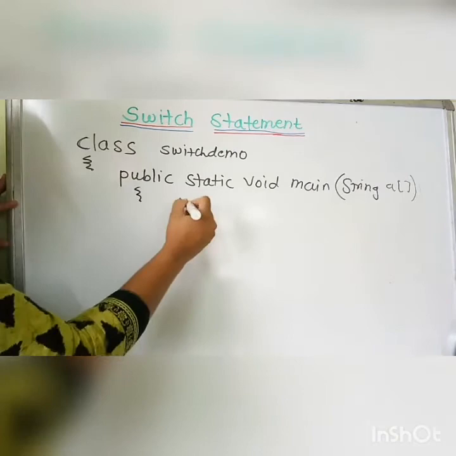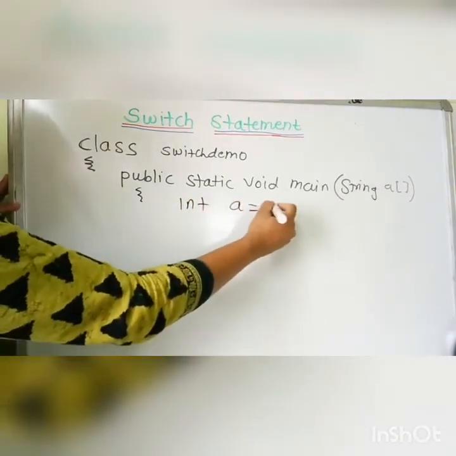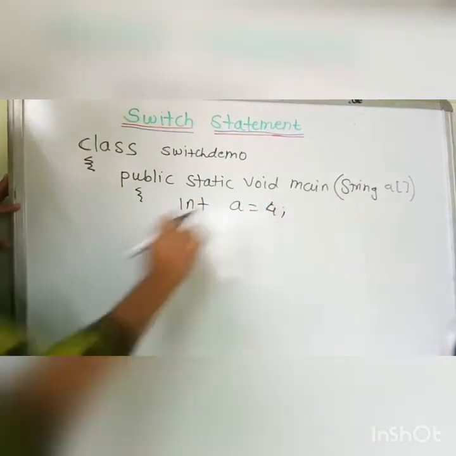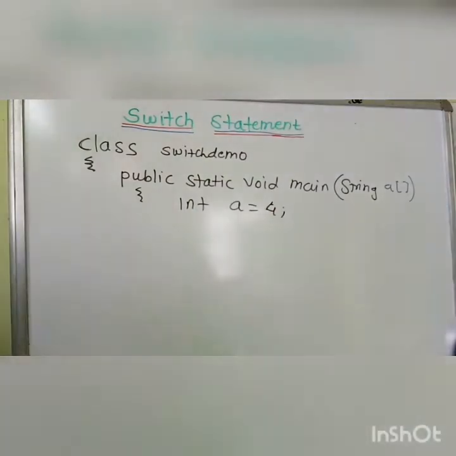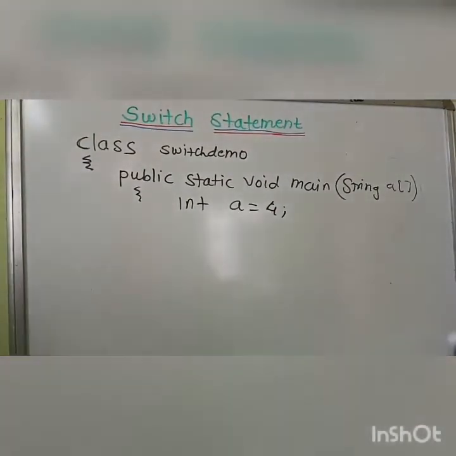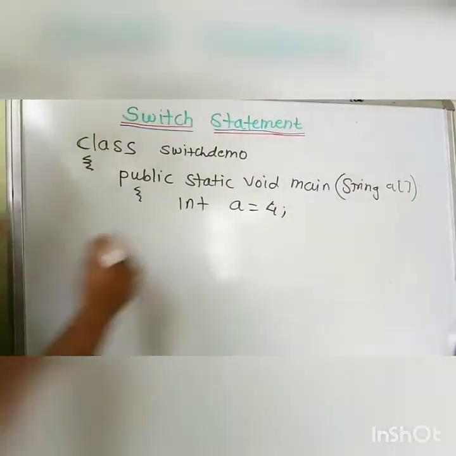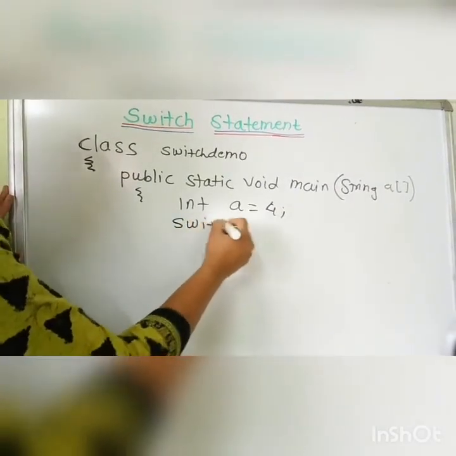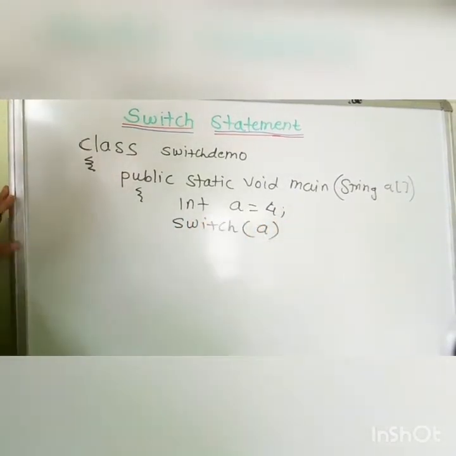Suppose we take it as a and assign it the number 4. Now we will pass this a to the switch statement, that is switch in brackets a.